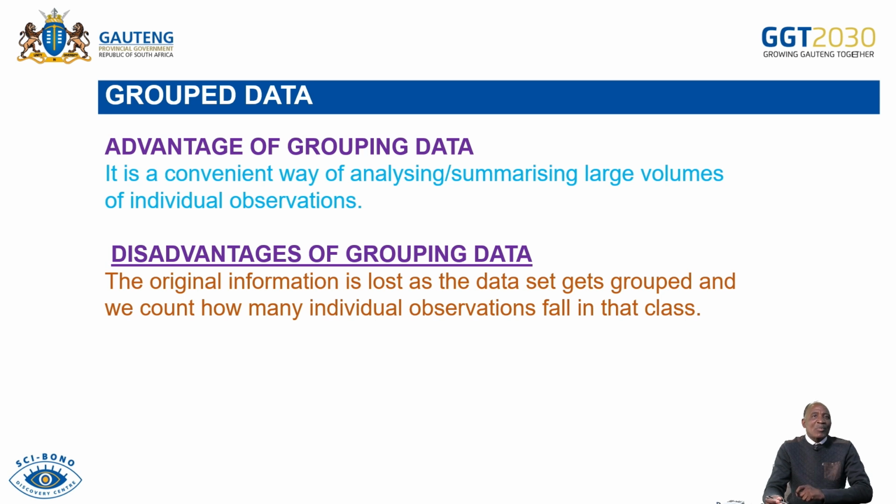It is a convenient way of analyzing or summarizing large volumes of individual observations. Instead of observing them as individuals, you'd rather observe them in groups, and you classify those groups accordingly. You don't just decide on a group. You have to classify them using a certain criteria.